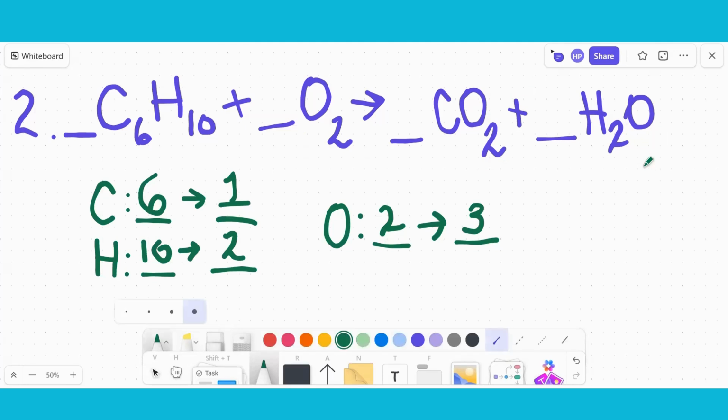So now I'm gonna start this problem by swapping my carbon numbers in their coefficients. So I'm gonna say there's 1 as the coefficient for C6H10 and 6 as the coefficient for carbon dioxide, or CO2.